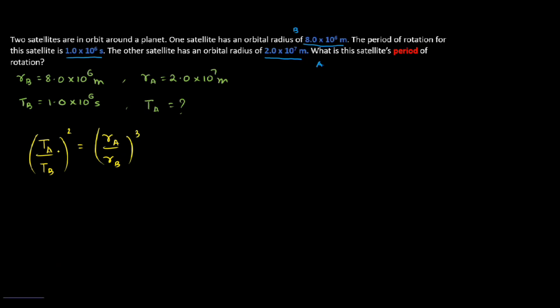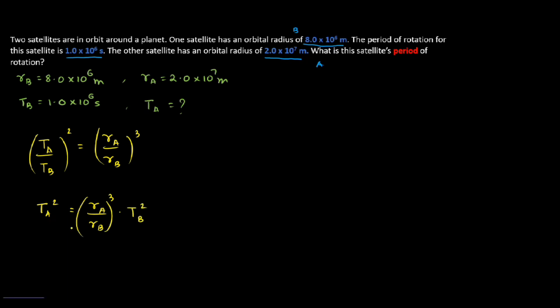Since I want to find TA, we will multiply with TB squared on both sides. When you are rearranging the term, please do not forget the square and the cube. Include them while you're rearranging them. So I will write TA squared equals RA over RB, cubed, into TB squared.